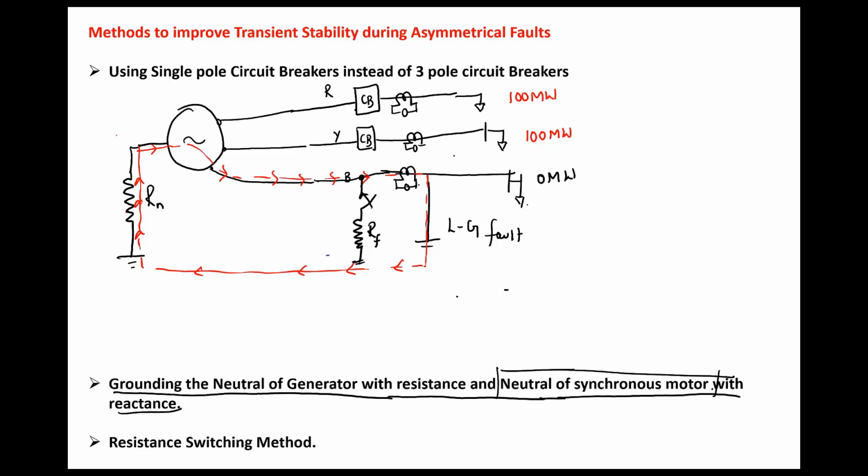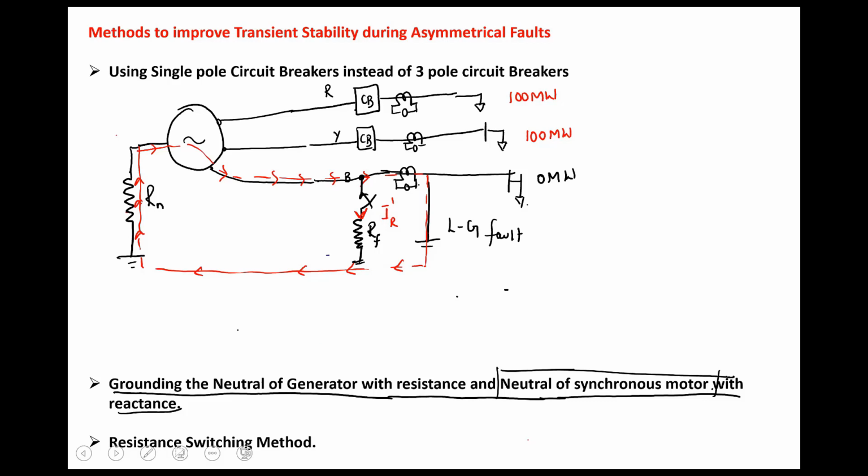Whenever the circuit breaker opens, then this will get connected with the line. So this resistance also will draw some current, because its value is very less, so it will draw a big amount of current. Let us call that current, say, IR dash. So it will also dissipate heat.